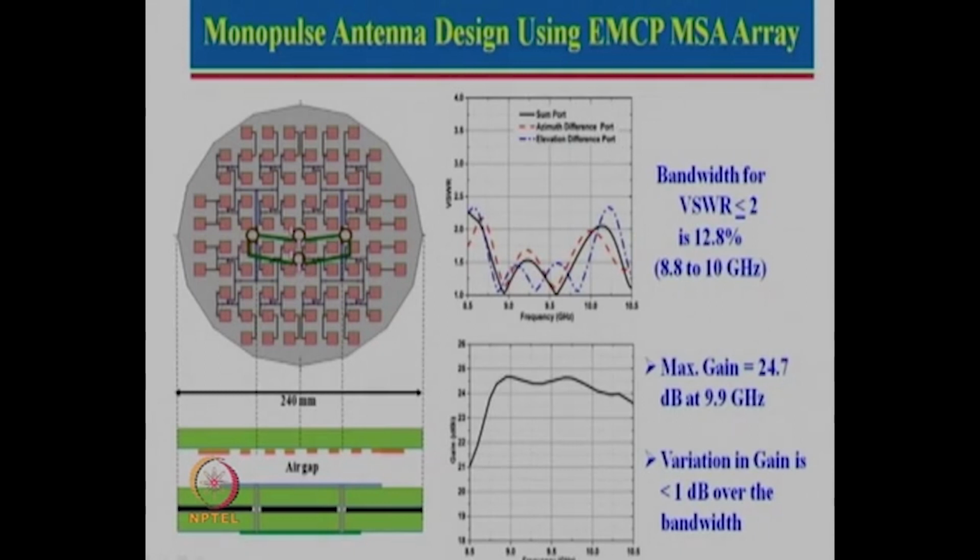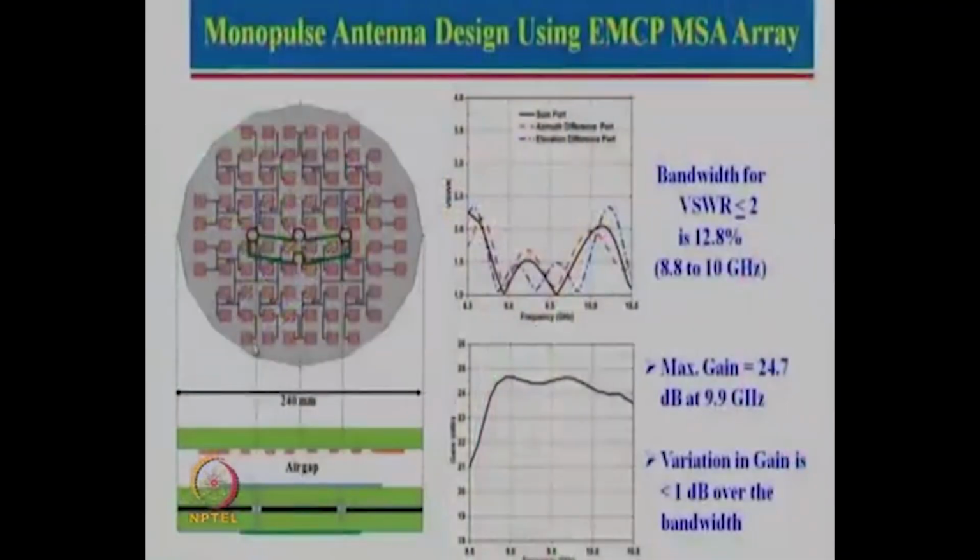Now this is also a concept of monopulse comparator, where we feed one quadrant here, then second, third, fourth, and we take the signal from these 4 quadrants and we generate the sum pattern and the difference pattern. By creating this sum and difference pattern, we can actually identify the location of the target.